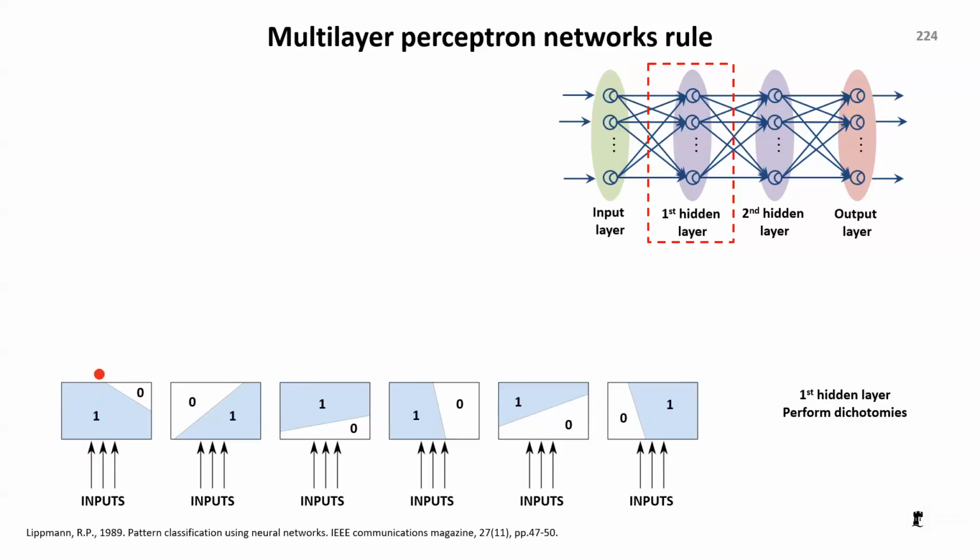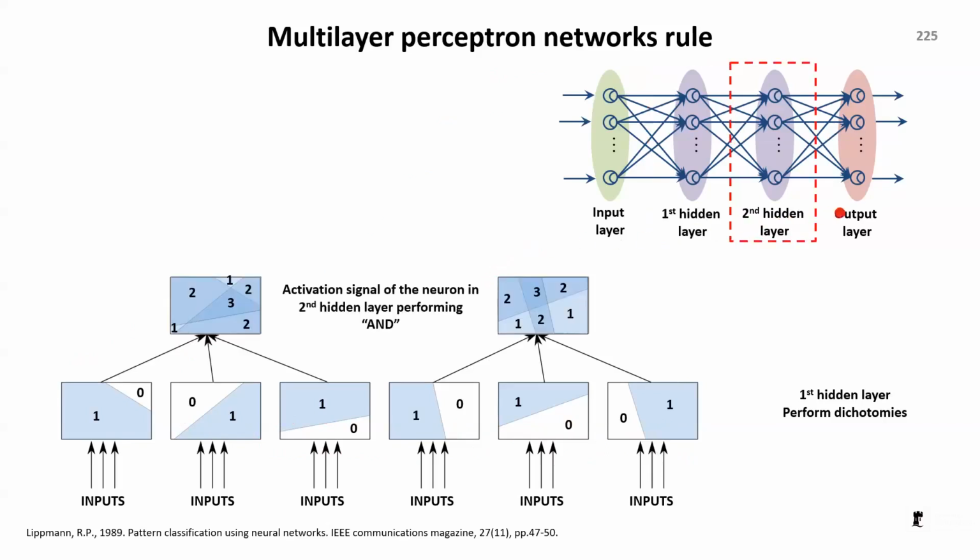So for example, how many neurons do we have? 1, 2, 3, 4, 5, 6. We have 6 neurons. Each neuron can, remember, perform a single line. So let's say the first neuron performs this discrimination, these dichotomies.